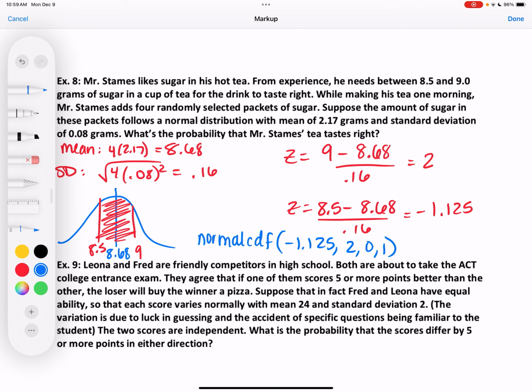And when we do this, we end up with .847. So basically, almost an 85% chance that his tea tastes right. So that's good.